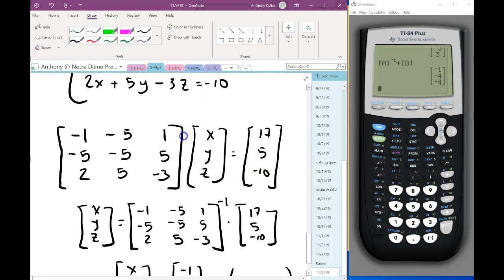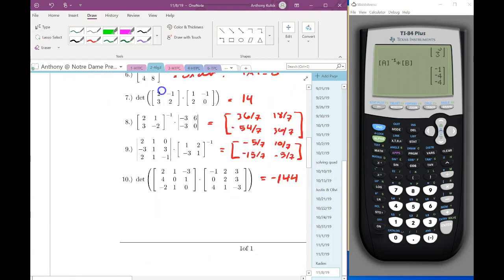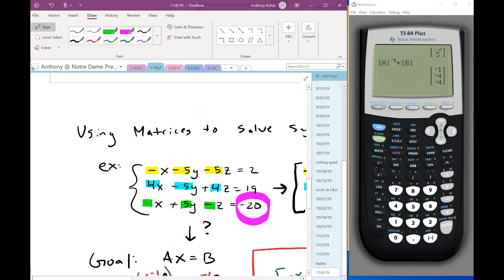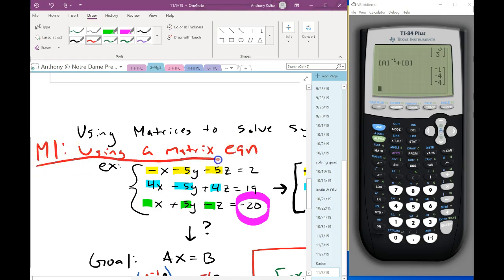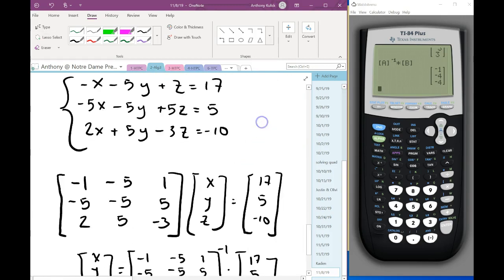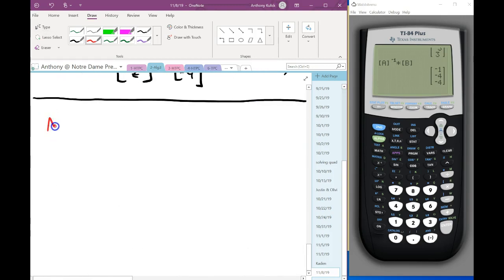So this method that we just got done talking about, this was like using a matrix equation. This is like method 1 of using matrices to solve one of these. Method 2 is called Gaussian Elimination.